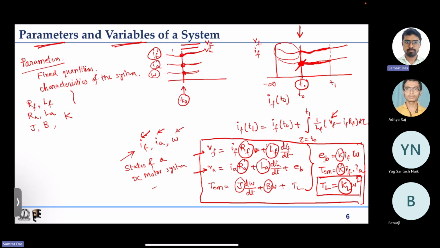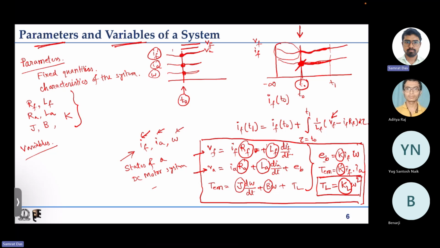So these are the quantities whose values do not change significantly over time during the operation of the motor. These are termed the parameters of our DC motor system. Now what are variables?